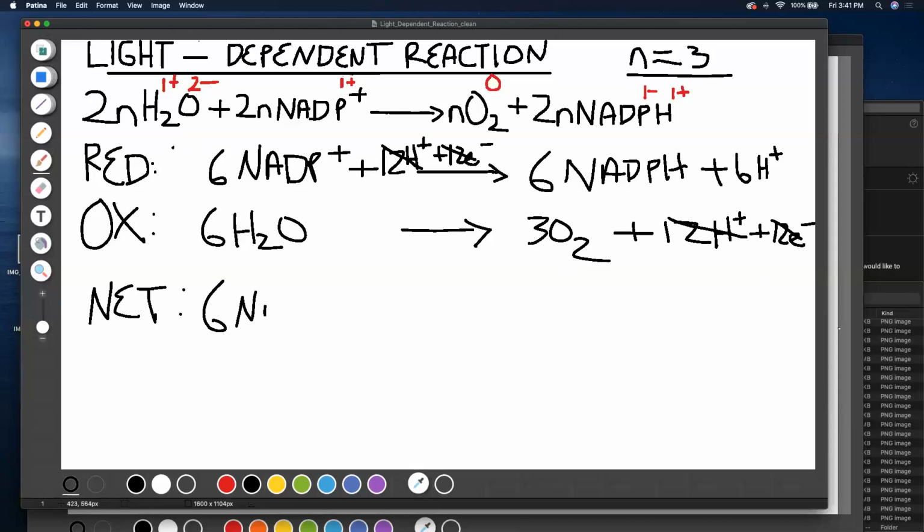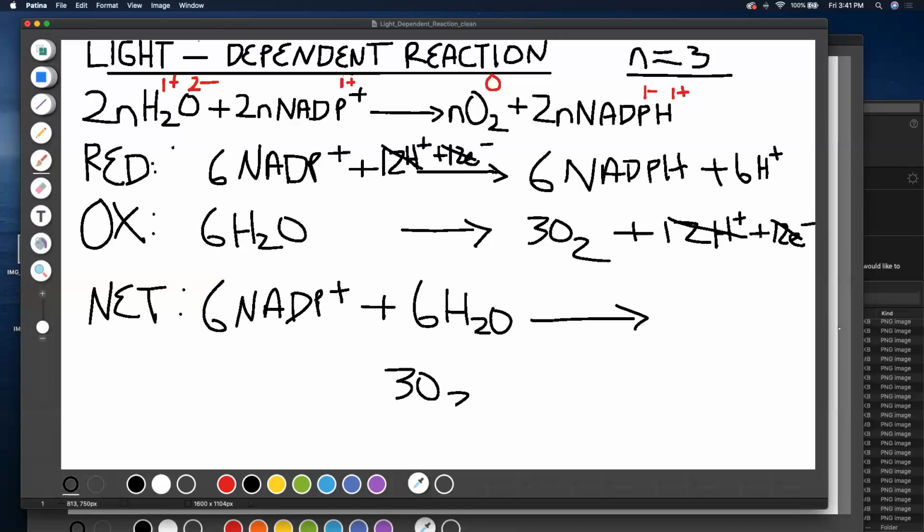So write in our final net balanced equation: 6 NADP plus 6 water goes to 3 oxygen plus 6 NADPH plus 6 hydrogens.